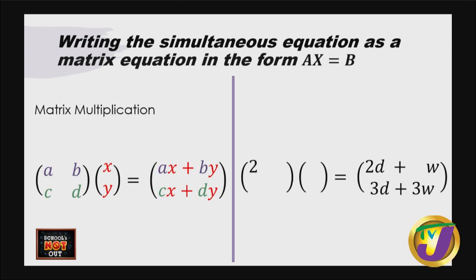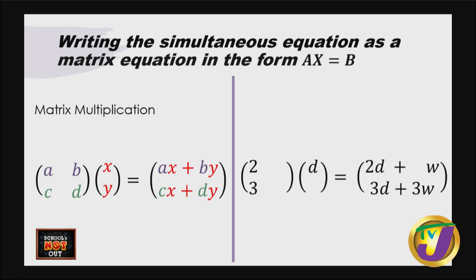So we know that the first element in our 2 by 2 matrix is going to be 2, and the first element in our column has to be D. Now let's see what happens with the product CX.